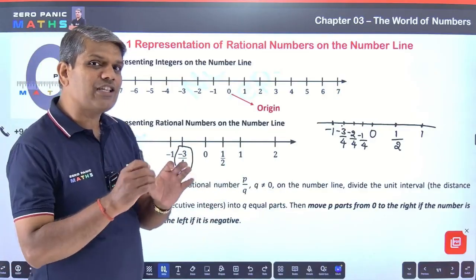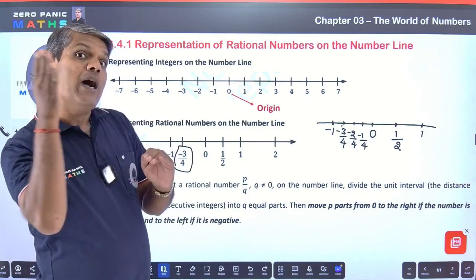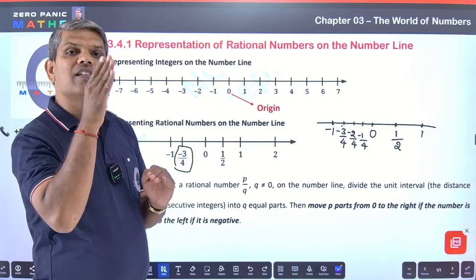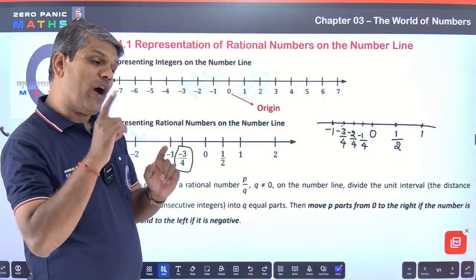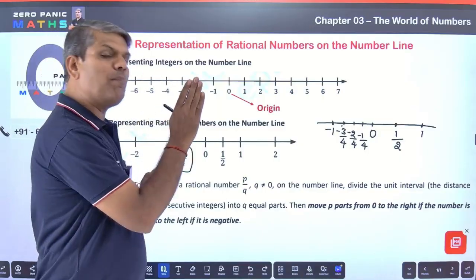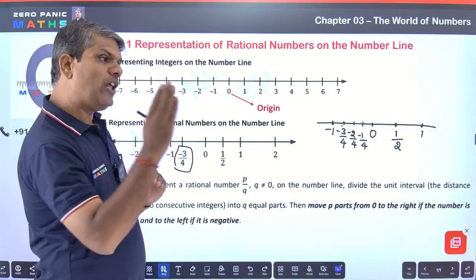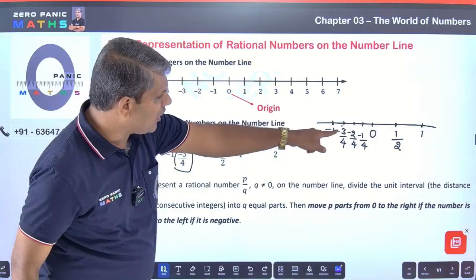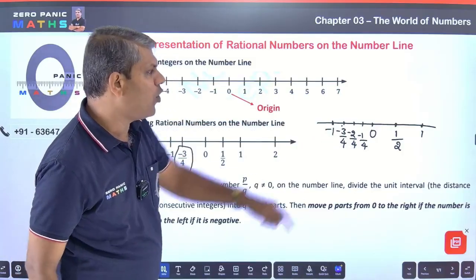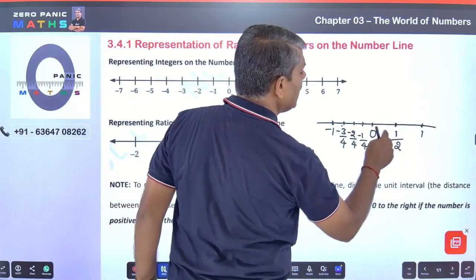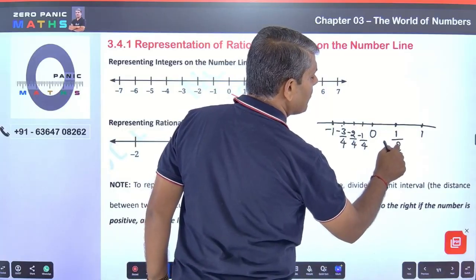So divide that into q parts and move p parts away from 0. While moving p parts from 0, you have to move to the left if the number is negative, for example minus 3 by 4, and you have to move p parts to the right if the number is positive.